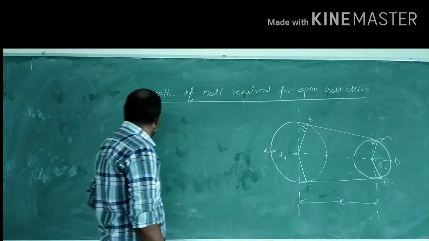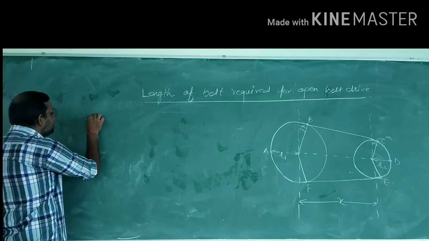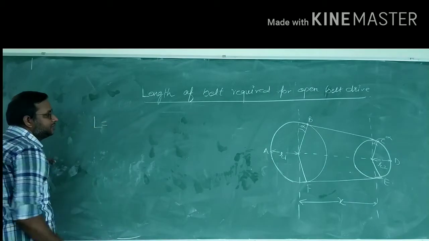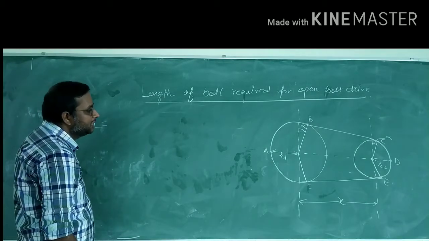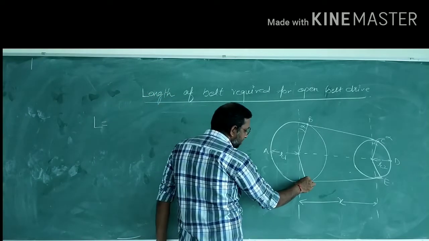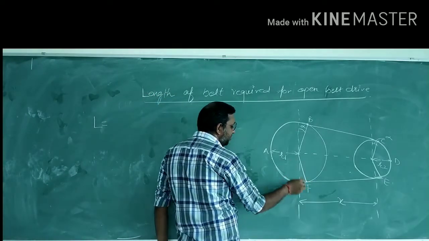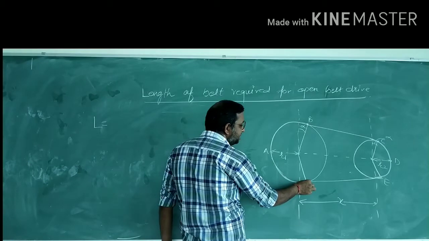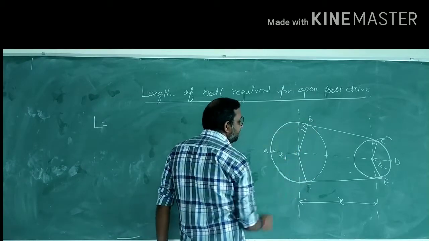Now our requirement is what? We need to find the length of the belt. Let's say L is the length of the belt, which is equal to the arc length. Which arc length? Arc length this much, because belt starts touching over here, let us consider, and leaves over here.